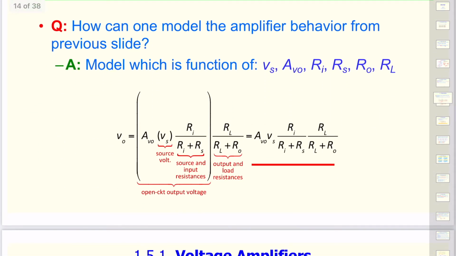Now we can model this amplifier as a function of the source, the open circuit gain of the amplifier, input resistance, source resistance, output resistance, and load resistance, all of them, by simple manipulation of these relationships. And what we get is a dependence on input resistance and load resistance.